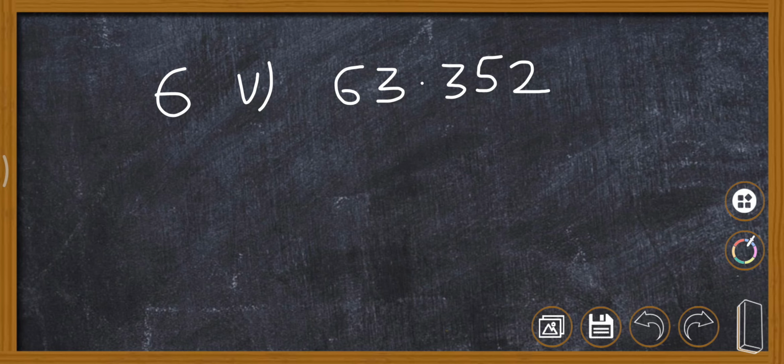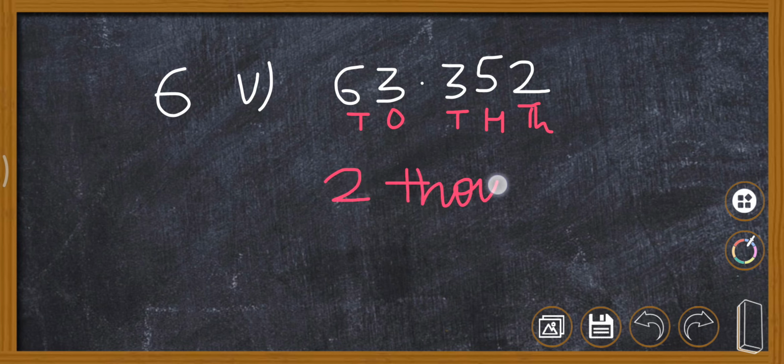So here you know that this is the tenths place, this is the hundredths place, this is the thousandths place, and these are ones and tens. So 2 is on the thousandths place. Now this is the thousandths place, or we can say 2 upon 1000 also.